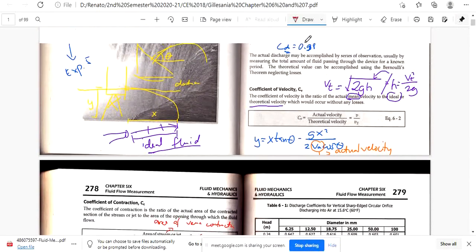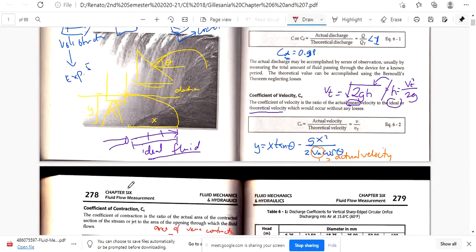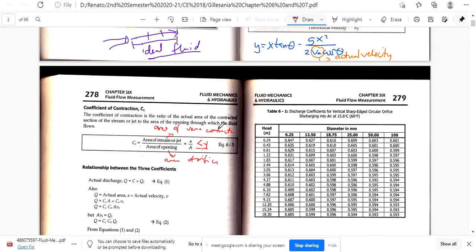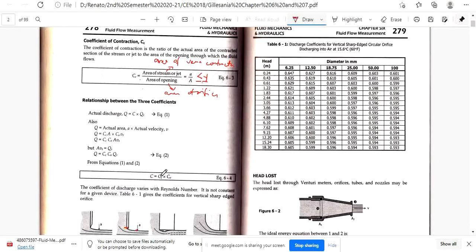Coefficient of discharge, coefficient of velocity, and coefficient of contraction. Again, there is a relationship between the three, which is the coefficient of discharge is equal to the coefficient of contraction times the coefficient of velocity.